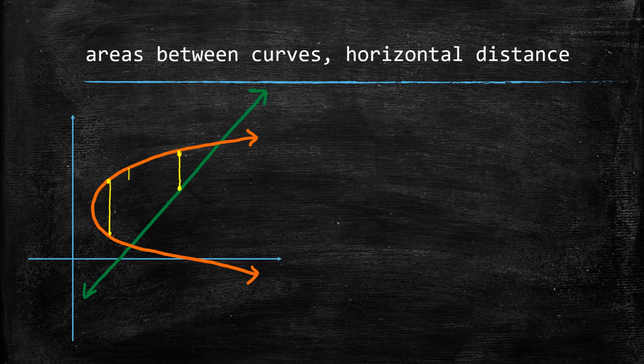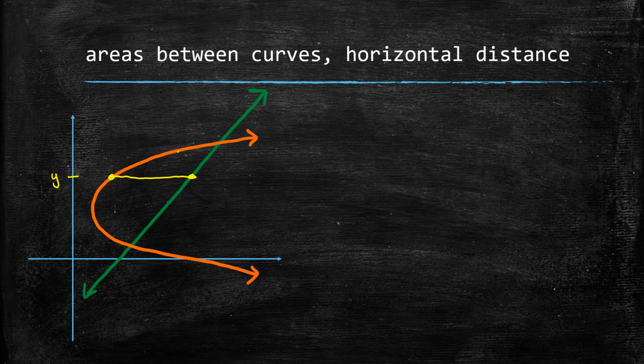I mean, you could work out the area up to here and then switch to another method, but that would be kind of tedious. So we have a better way, which is to consider horizontal distances. As we did for vertical distances, if you just focus on one particular y value, you can generate a horizontal line segment, and we could find the length of that line segment.